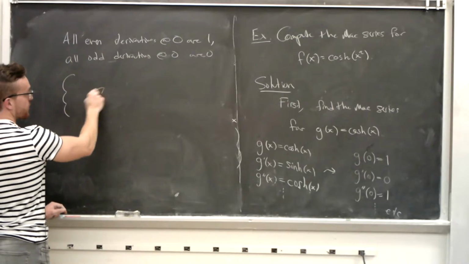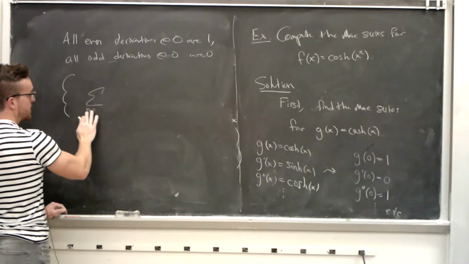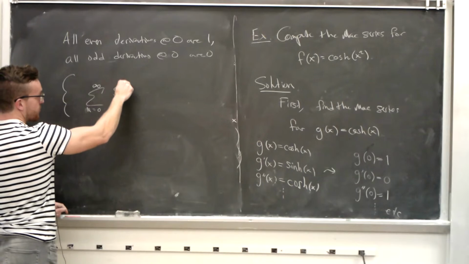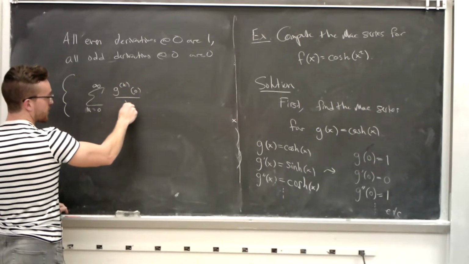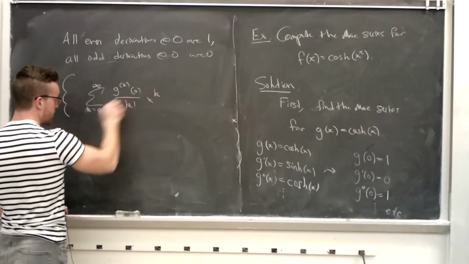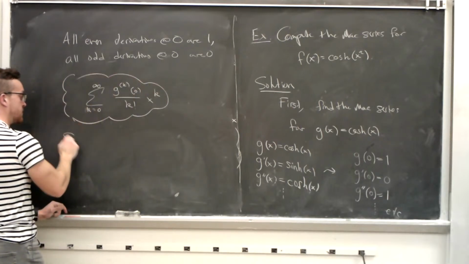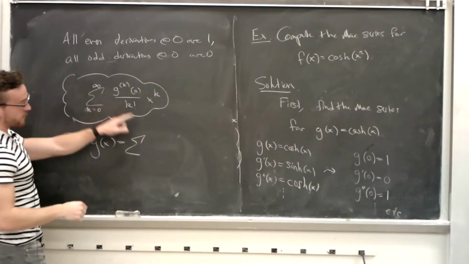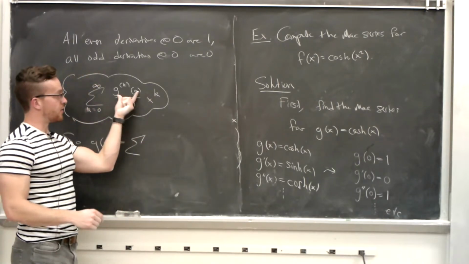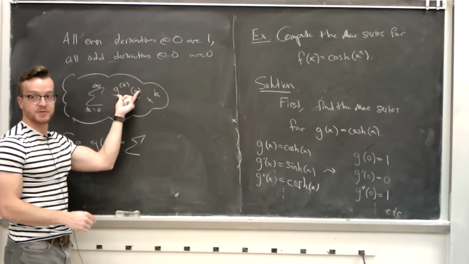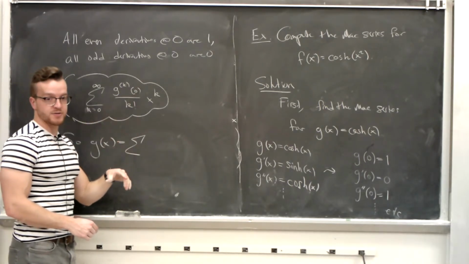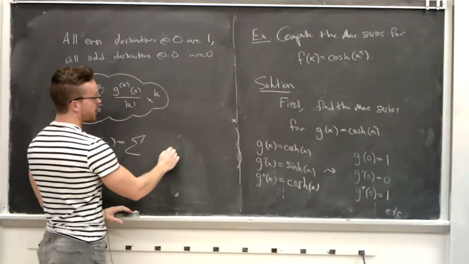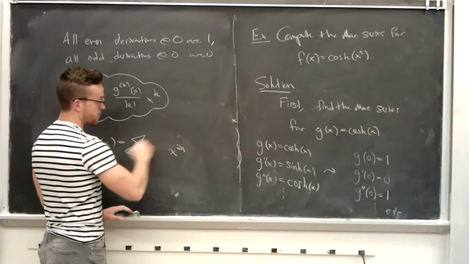The formula for the Maclaurin series that we care about is the sum from k equals 0 to infinity of the kth derivative at 0 over k factorial times x to the k. Now, what we found here is that we only care about even terms. All the odd terms are 0, so who cares about them? We can ignore them, and we can only consider powers of x which are even.